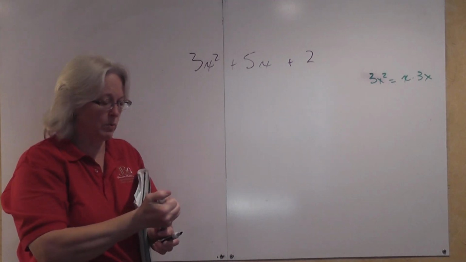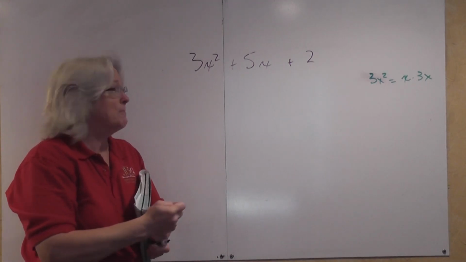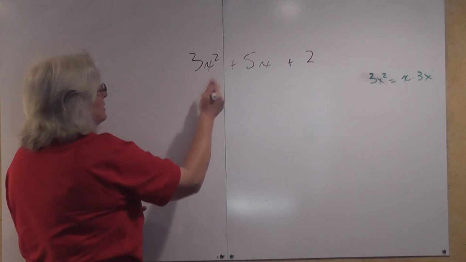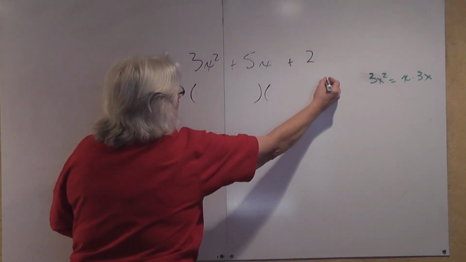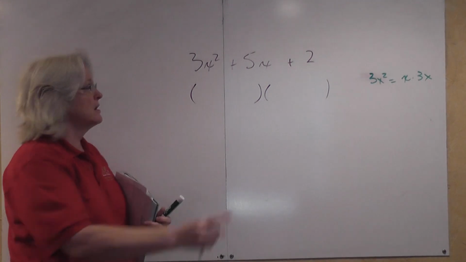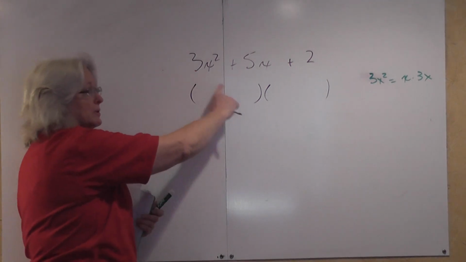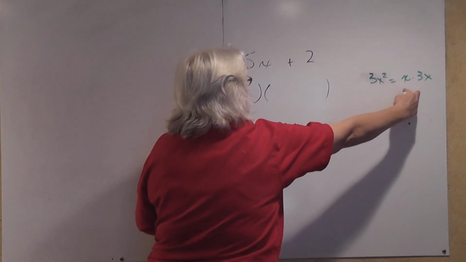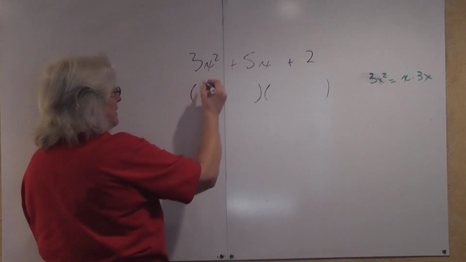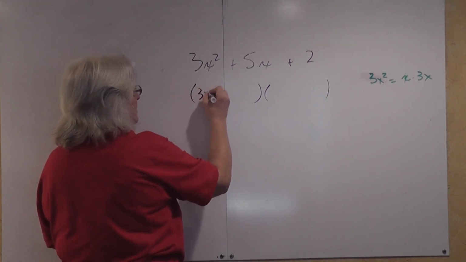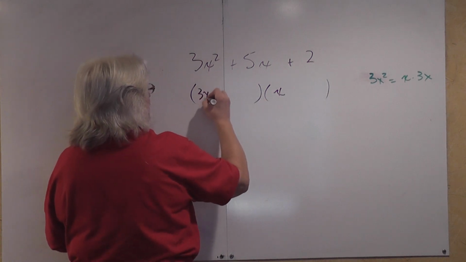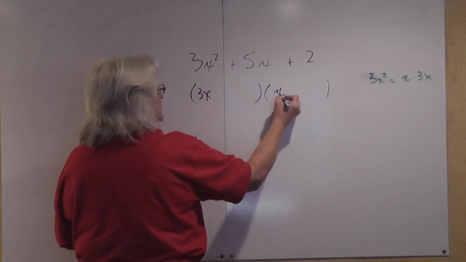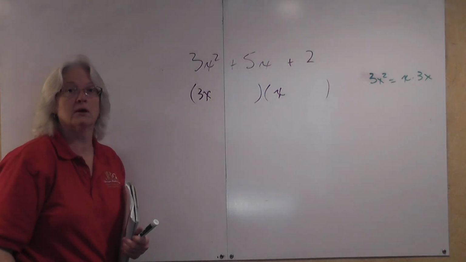We know that when we factor a trinomial, we are going to have 2 binomial factors. And this first term that we have factored, we're going to take that factored form and put these as the first terms of our binomial factors.